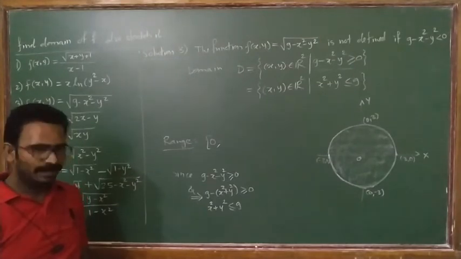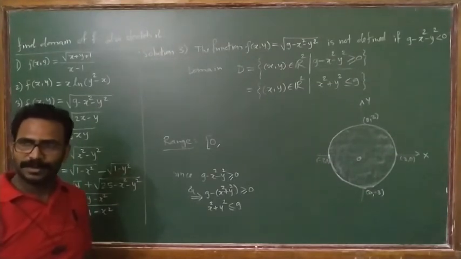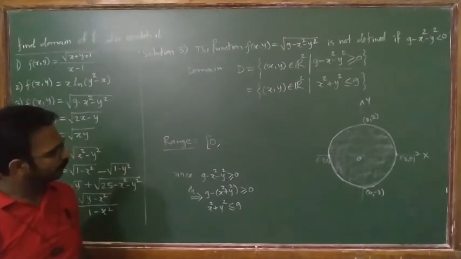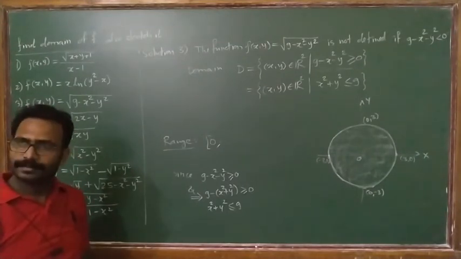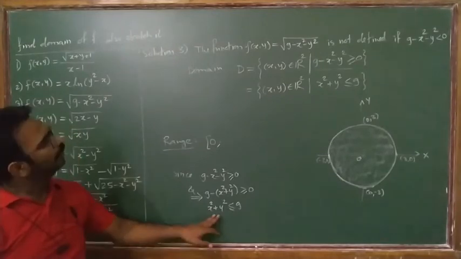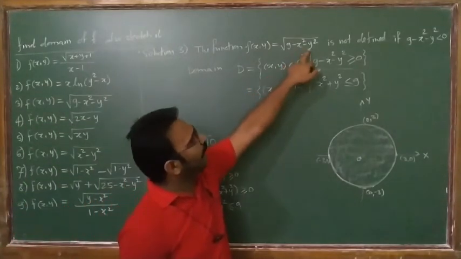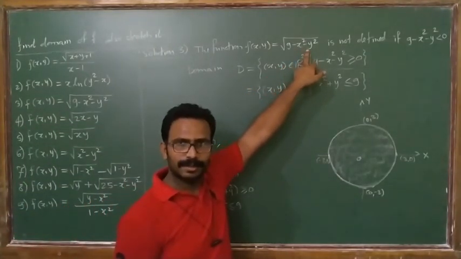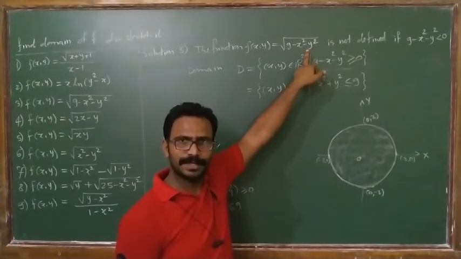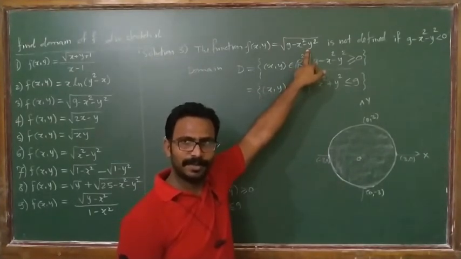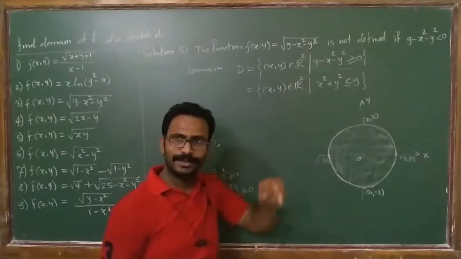So the value of x square plus y square has to be at most 9. Then we can have the minimum value 0.